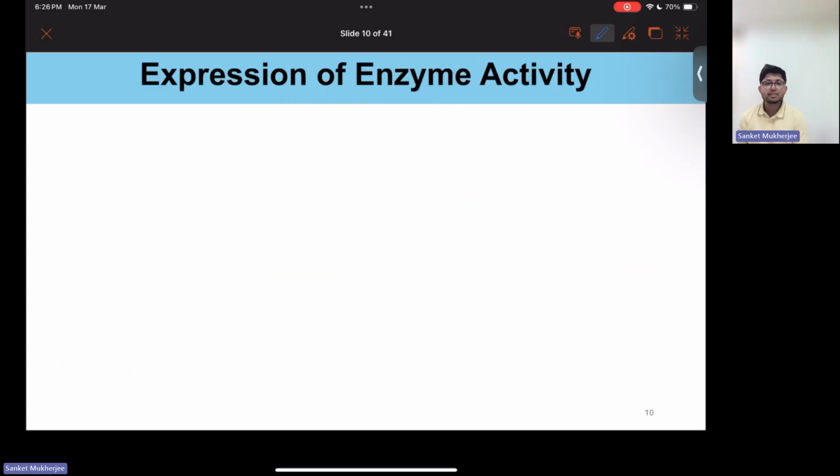Now, how is enzyme activity expressed? The expression is using a unit called unit itself. So usually one unit is defined as the enzyme catalyzing 1 micromole of substrate.